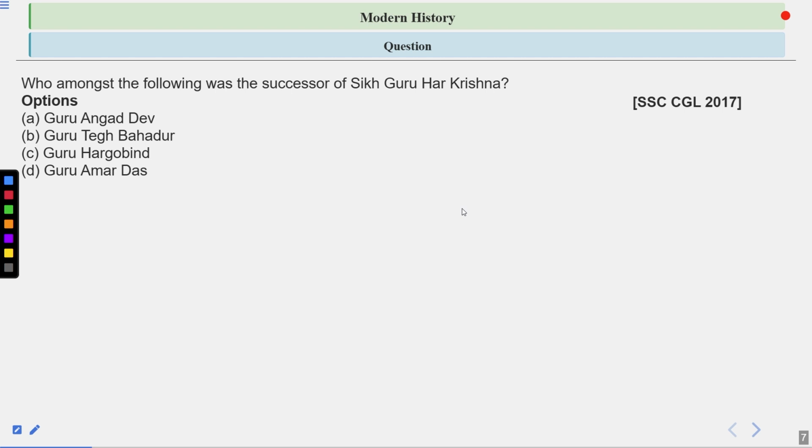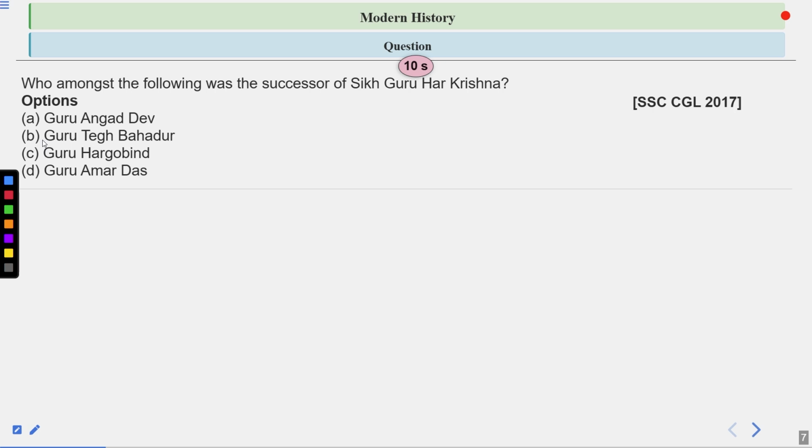Next question is, who among the following was the successor of Sikh Guru Har Krishna? Options are Guru Angad Dev, Guru Tegh Bahadur, Guru Har Gobind, Guru Amar Das. To answer, 10 seconds are there.